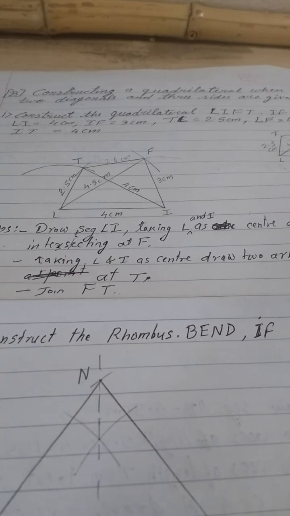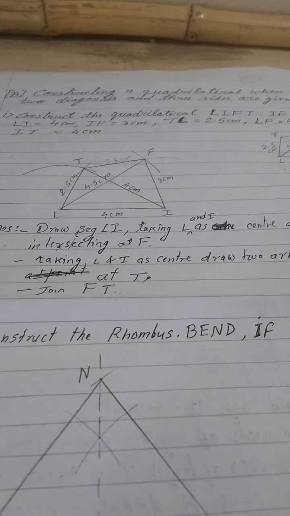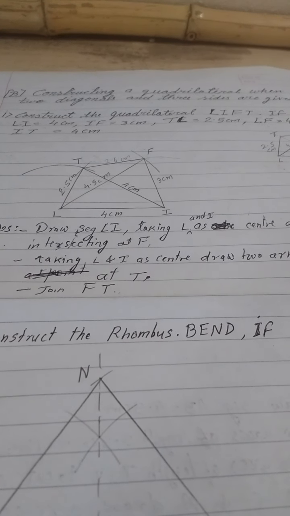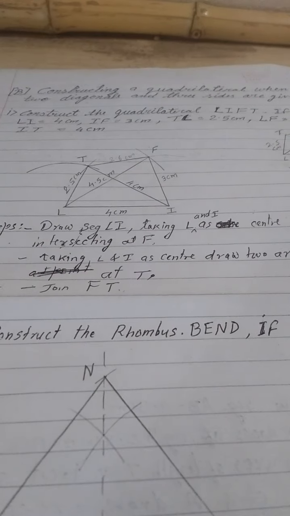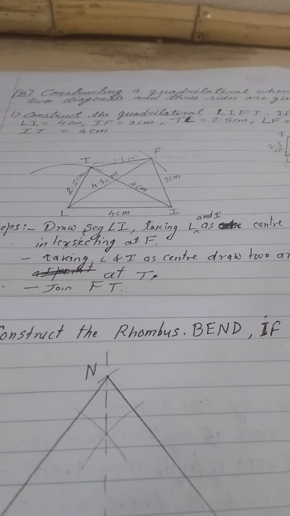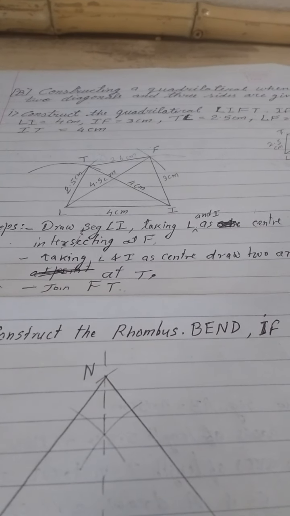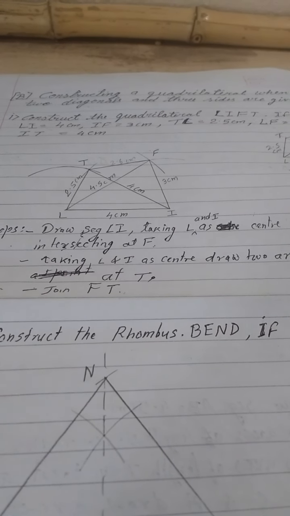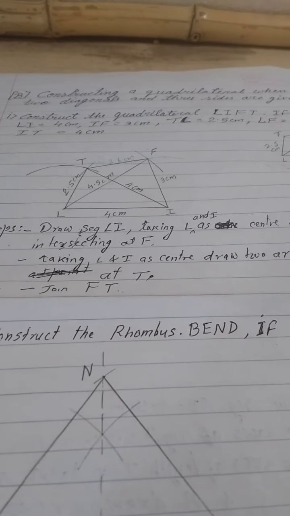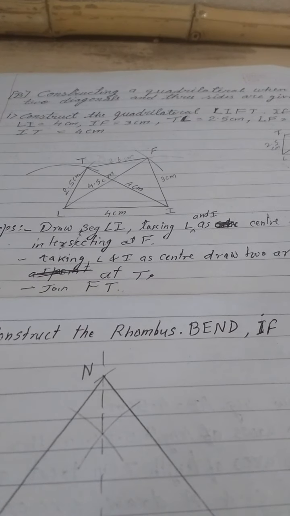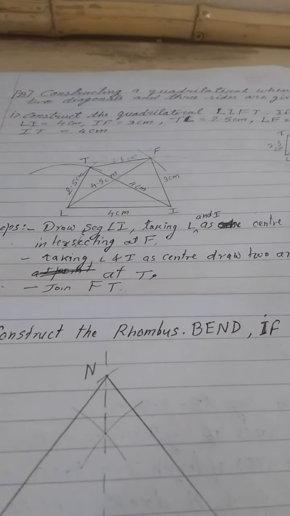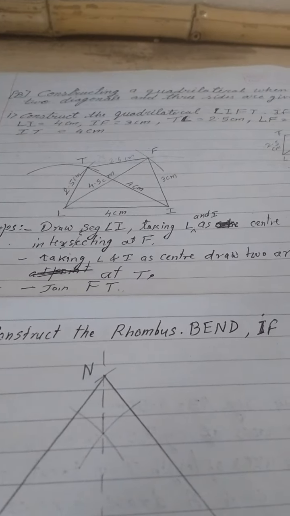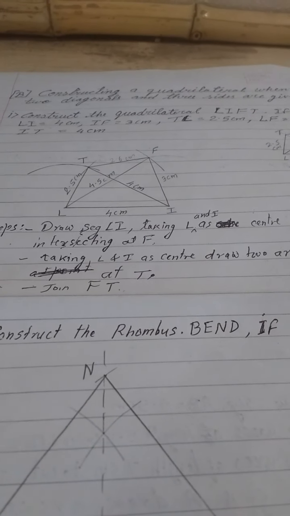And then I took 3 centimeter with I as the center, and drew an arc to cut the arc made from L as 4.5 centimeter. Now we have got the points F and T by the intersection of these arcs. So we have got all 4 points.